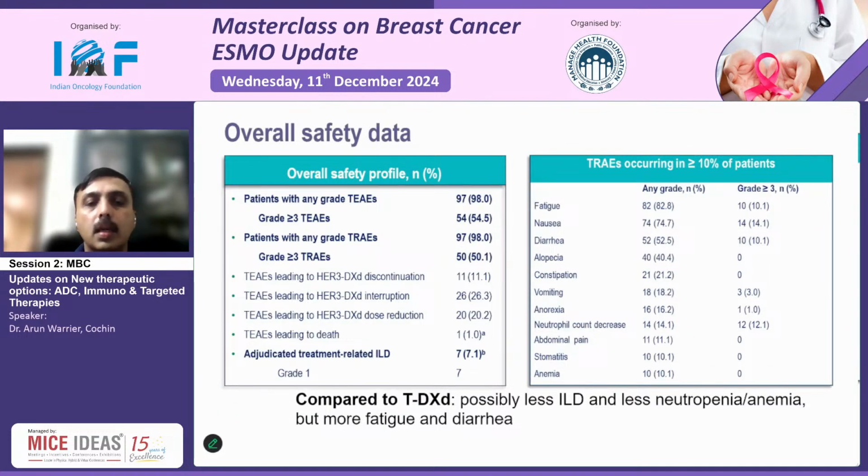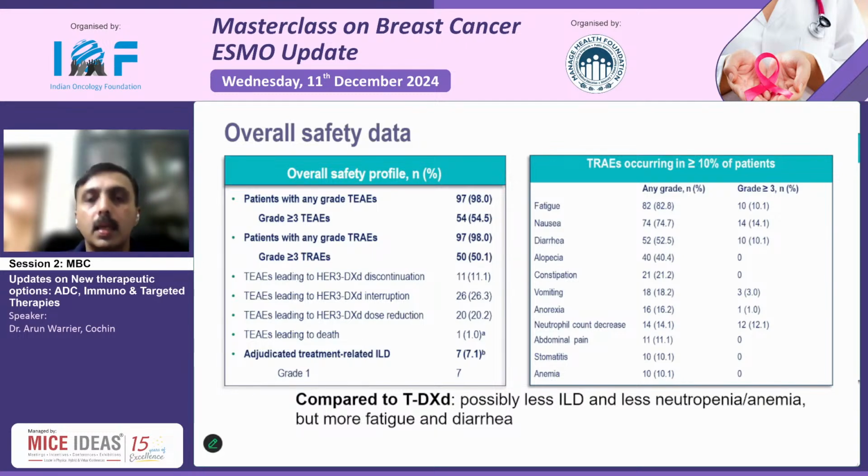Like all ADCs, we are worried about ILD, particularly with T-DXd. We know ILD is a major issue. Compared to T-DXd, there is less ILD and less neutropenia and anemia, but it can impair quality of life with more fatigue and diarrhea. Grade 3 fatigue is 10.1%, and diarrhea is also more than 10%.